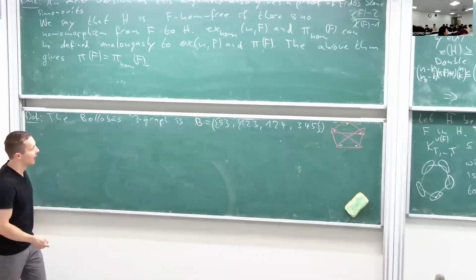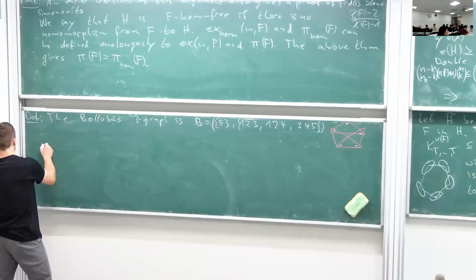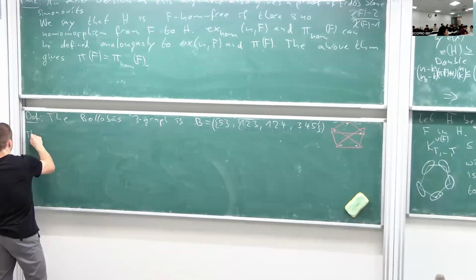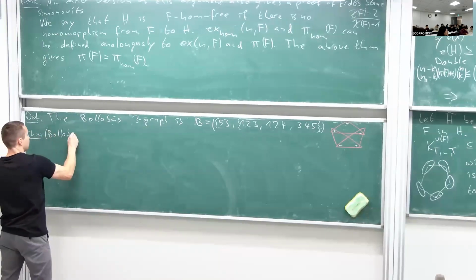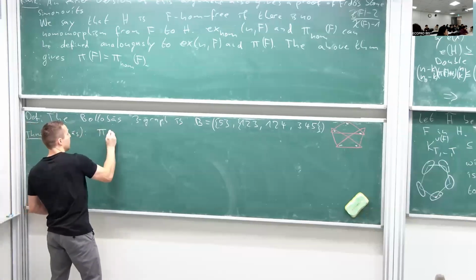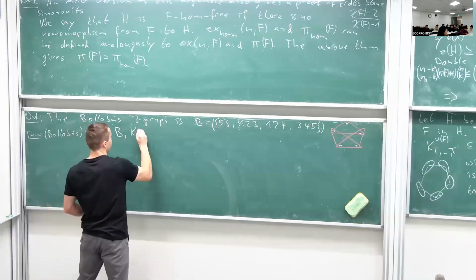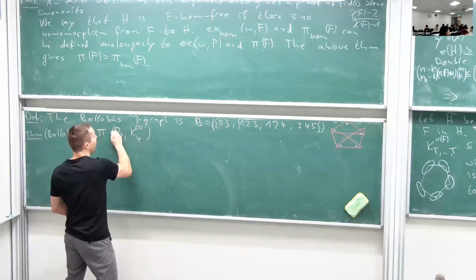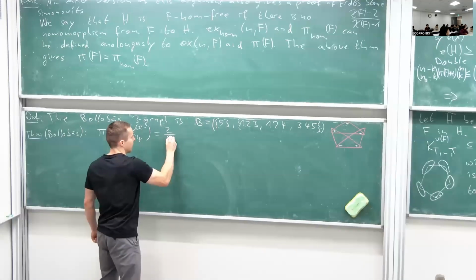Okay, and so Bollobás showed the following theorem. The Turán density, when we forbid both B and the K4 minus, is 2/9.